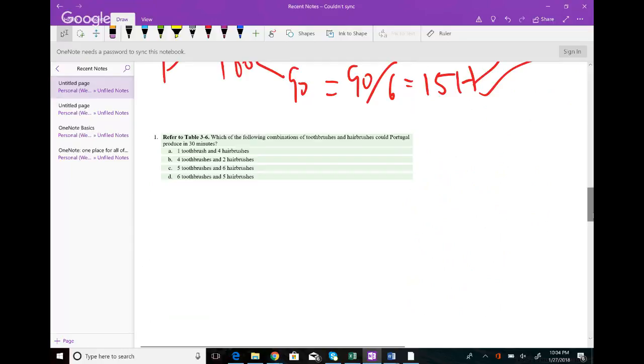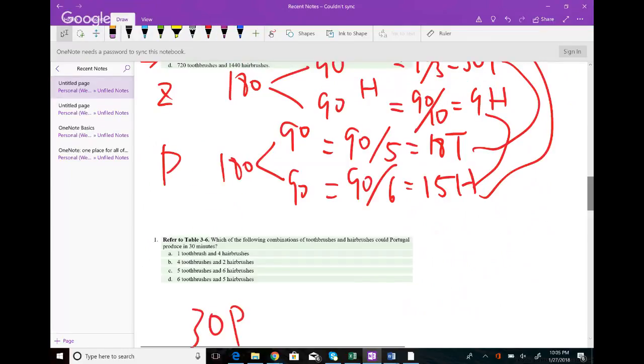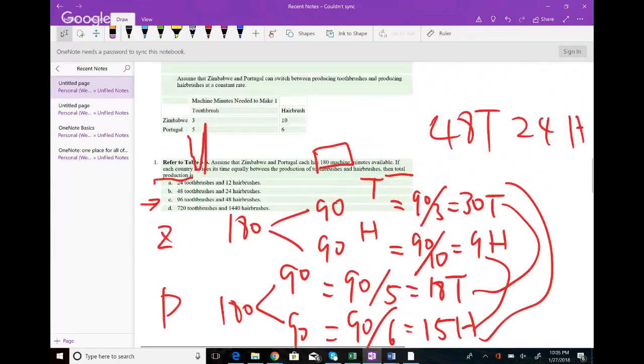Now you can draw the PPF and then find the opportunity cost and then the relative prices and go from there. Now that might take a little longer than what you might want to do. So let me show you an easier way. Another way to approach this problem is that since you only have 30 minutes for Portugal, for every one toothbrush, it's 5 minutes.